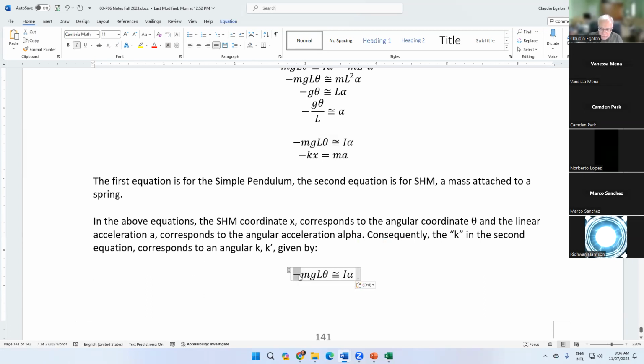We usually do those analogies in physics to understand the problem better, okay?